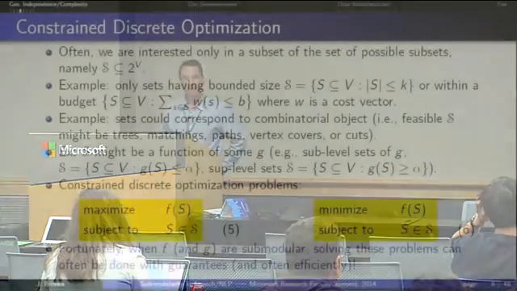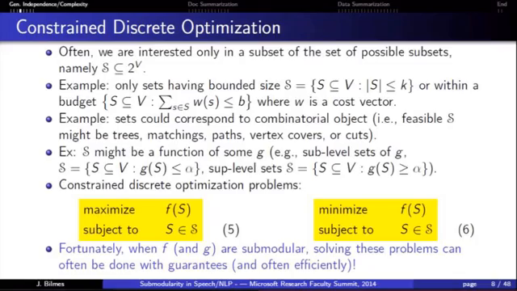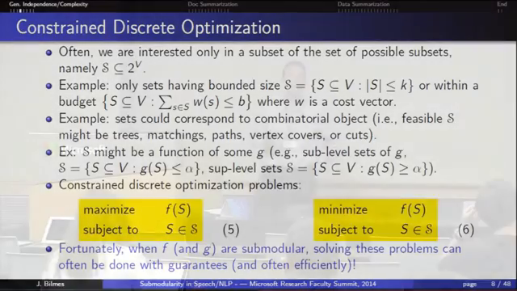But when F and G are submodular, they're often solvable, again in low order polynomial time, oftentimes with reasonable approximation guarantees. And so a lot of the work that we've been doing in the past few years has been on algorithms for doing this. In particular, for example, when the feasible set does correspond to level sets of some separate submodular function. So that was some work we did last year. But I'm not going to talk at all about that. I'm just instead going to talk about the usages of equations 3 and 4 and 5 and 6 for speech and language processing.